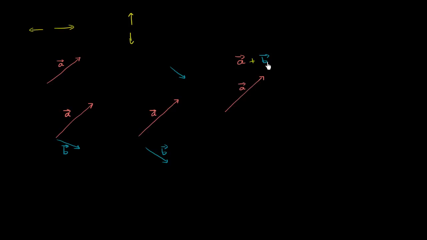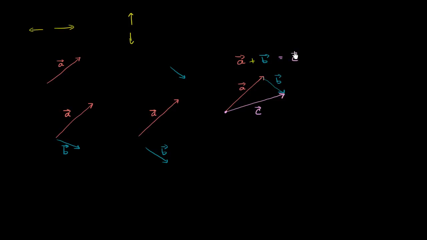And then I can draw vector B, but I put the tail of vector B to the head of vector A. So I shift vector B over so its tail is right at the head of vector A. And then vector B would look something like this. And then if you go from the tail of A all the way to the head of B, and you call that vector C, that is the sum of A and B.